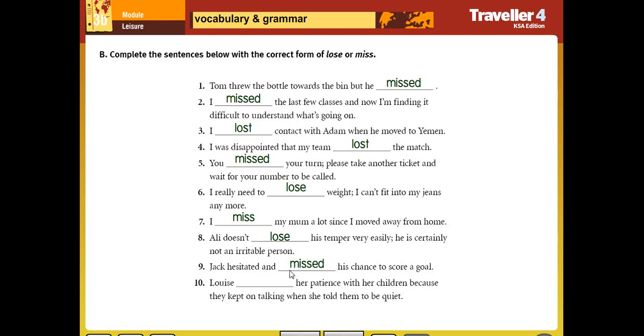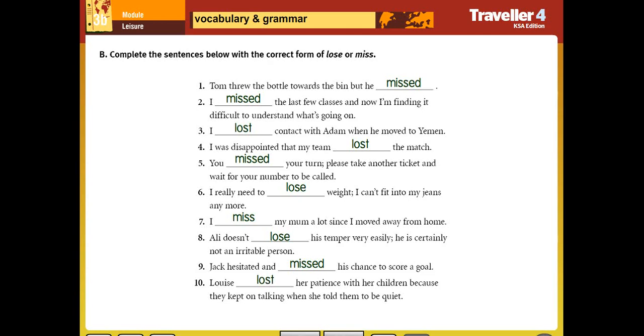She lost her patience, or missed her patience? I think it is lost. She lost her patience.